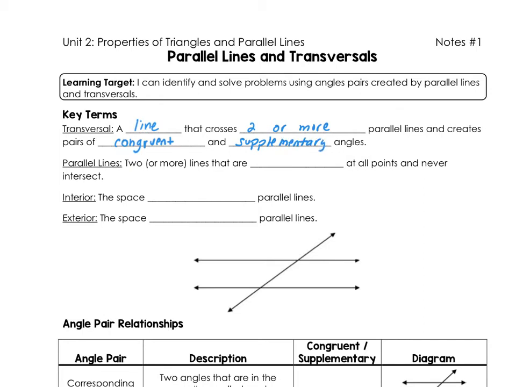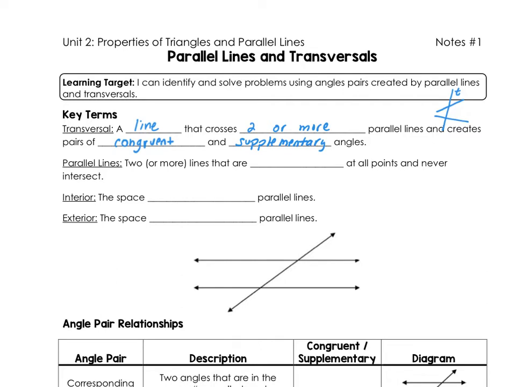Okay, so to be a little bit more general, you could have two lines that are not parallel and they could be crossed by a transversal. Okay, so what we're doing today is looking at a specific case where the lines are parallel, and we're going to talk about some specific relationships between the angles formed.